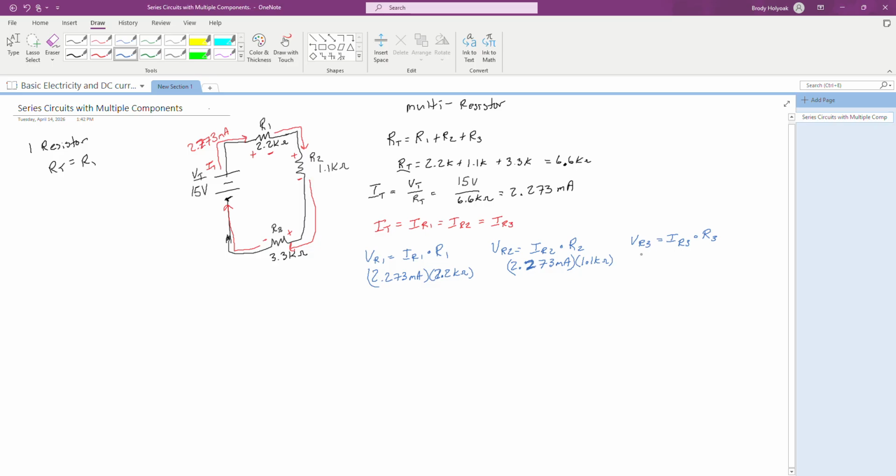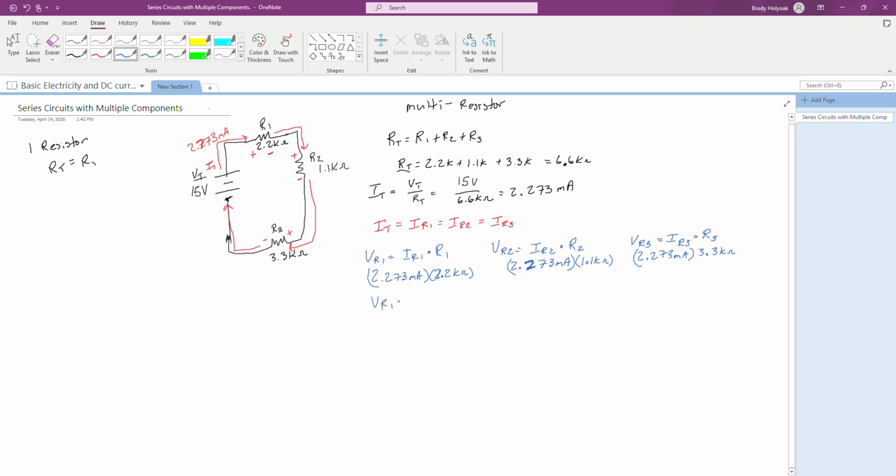And then VR3 is the 2.273 milliamps times our 3.3 kiloohm resistor. So when we go through with those, I have 0.002273 as a decimal times my 2200.